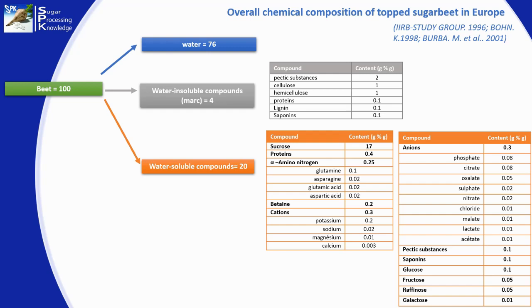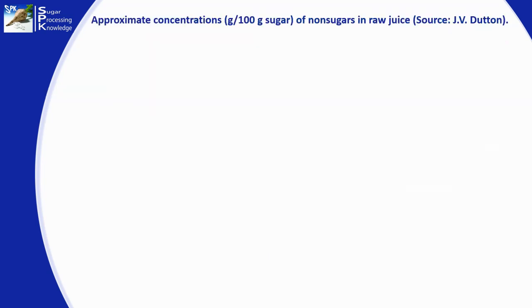Of course, this composition can vary considerably depending on the variety and growing conditions of the beet. The total soluble non-sugars only represent about 2 to 3% of the beet weight, but it is their nature, content, and distribution that is decisive for sugar beet processing.